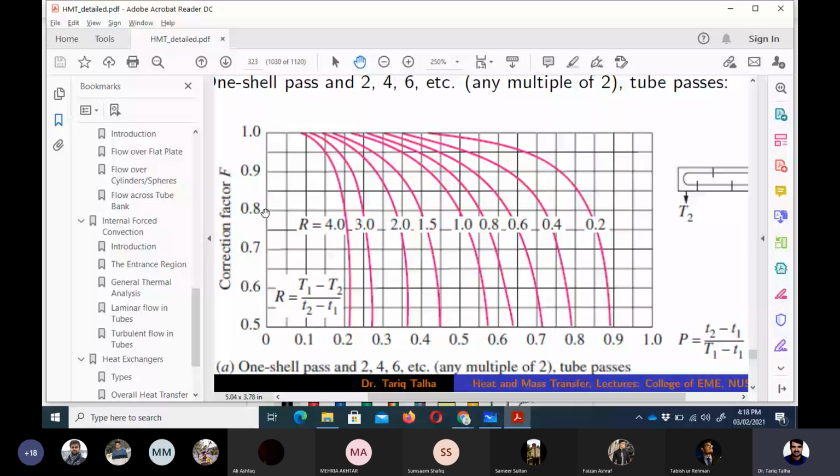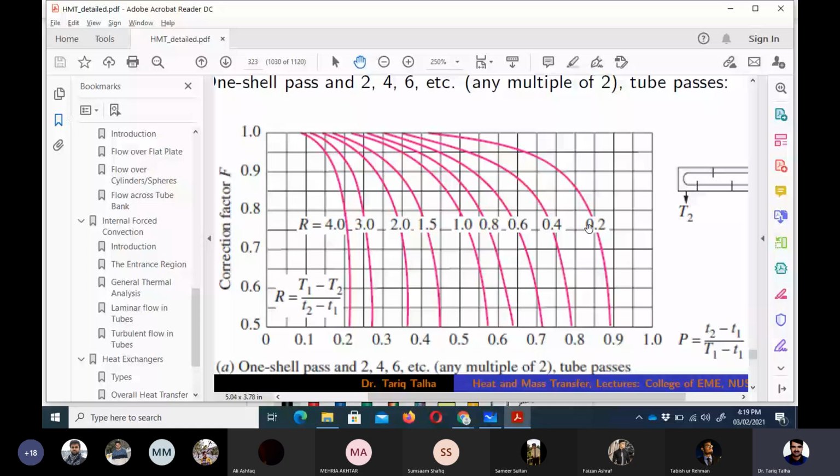So if P is 0.5 and R is 1, you can readily see that the correction factor would be equal to 0.8.